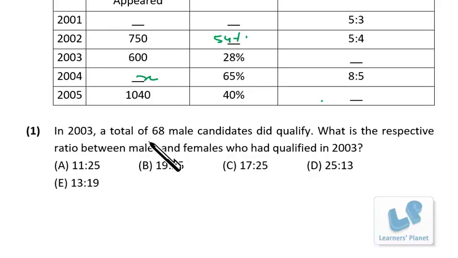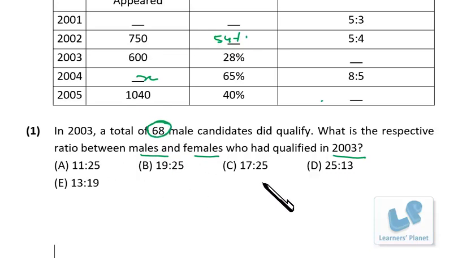In 2003, a total of 68 male candidates did qualify. What is the respective ratio between males and females who had qualified in 2003? Without even any calculation, we can tell that the answer is C. How I'm saying this: because a total of 68 male candidates qualified, and we have been asked the ratio of males and females, males should be a factor of 68.